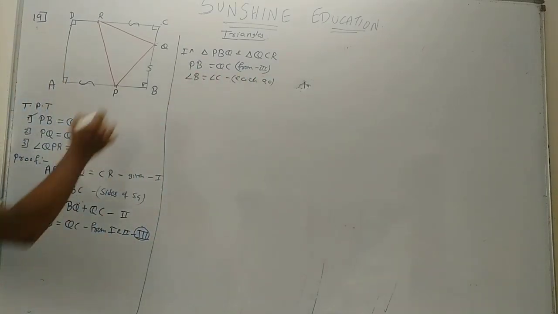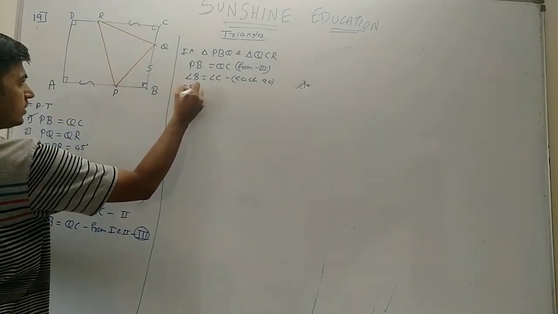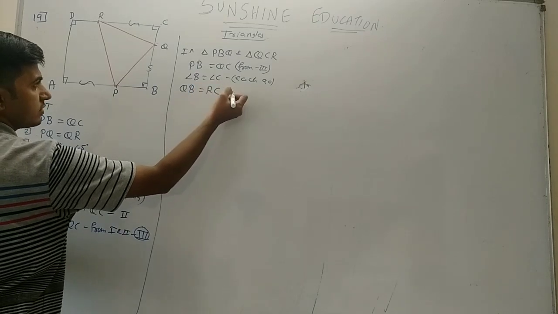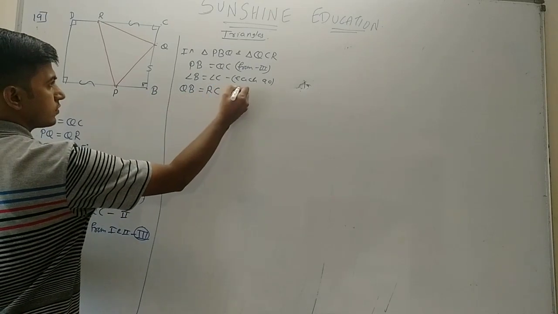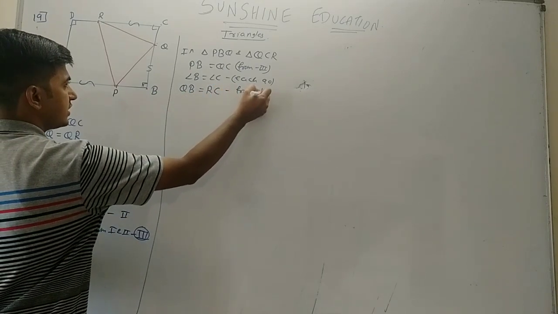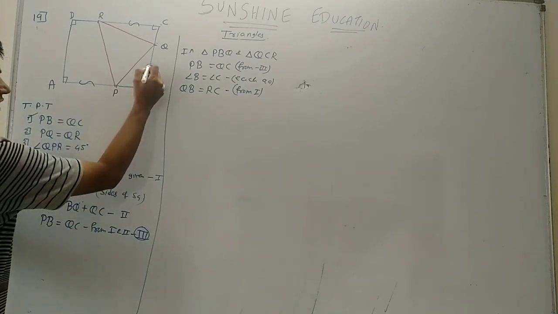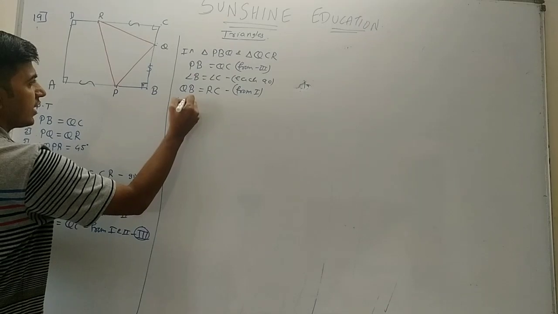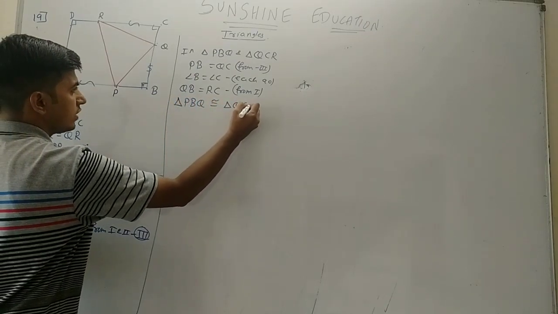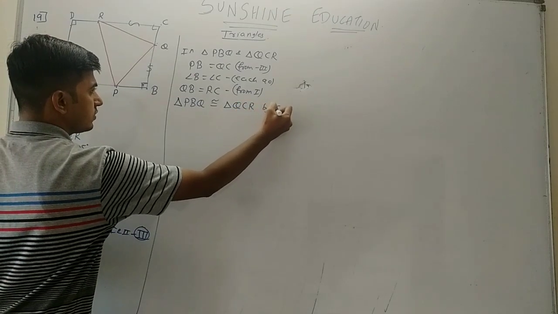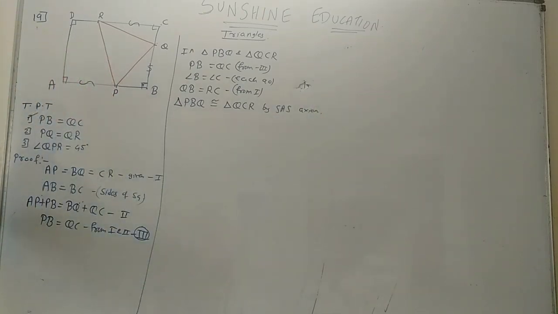We also know that QB is equal to RC, that is from 1, or you can say that it is given. If you observe properly, we have this side, we have 90 degrees, again we have this side. Therefore, triangle PBQ is congruent to triangle QCR by the side angle side axiom.